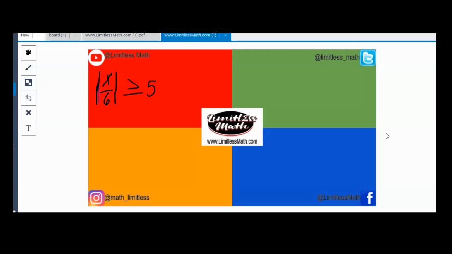Let's move right along to an or problem. How do we know that this one is an or this time? Once again, you look at the inequality symbol. This time it is open to the absolute value, right? It's the alligator mouth is open to the absolute value bars. So this time it is a greater than.